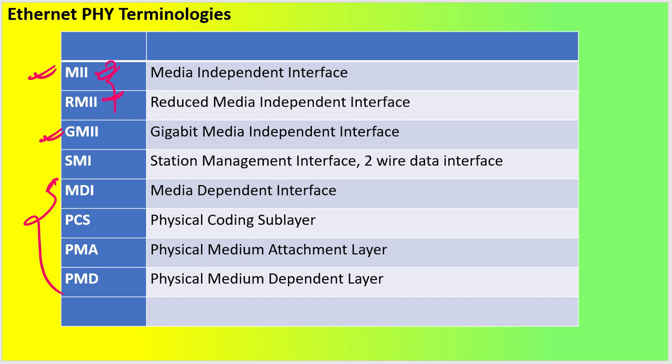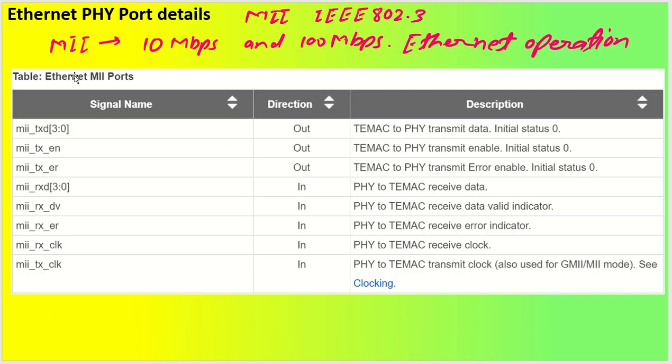We had also seen different ports, like the Ethernet MII port having TXD lines, where 4 lines will be used, and the interfacing between the Ethernet PHY port and the MAC configurations.